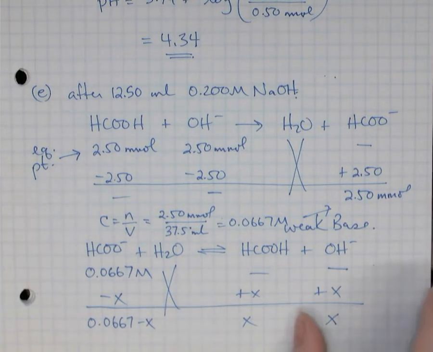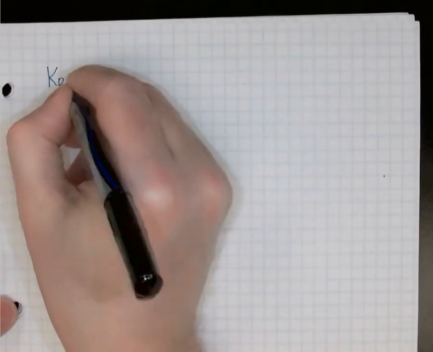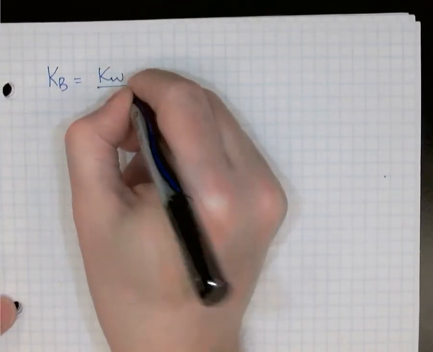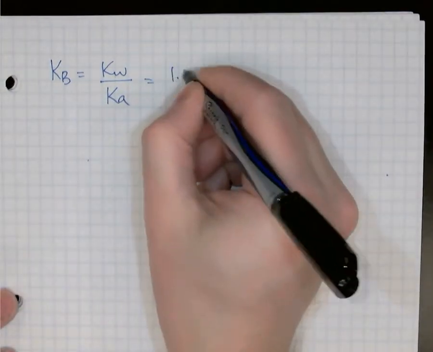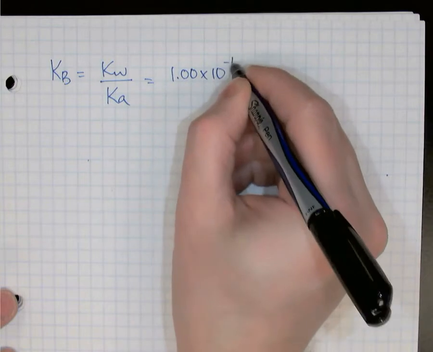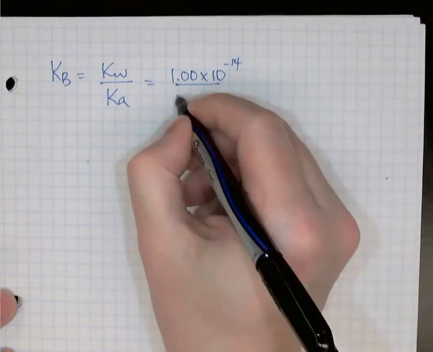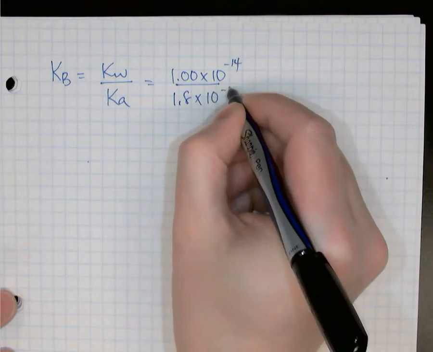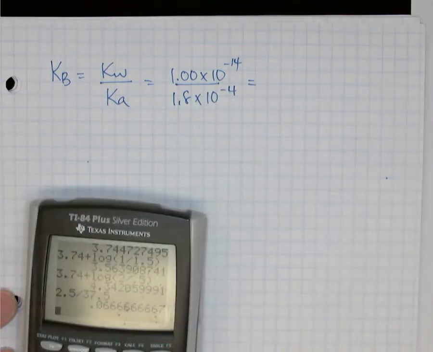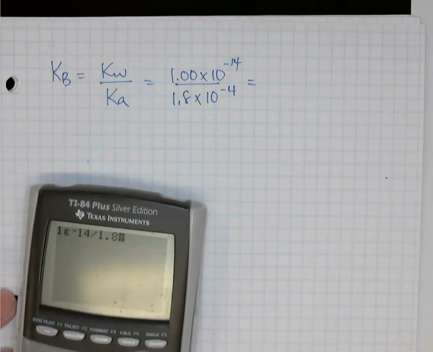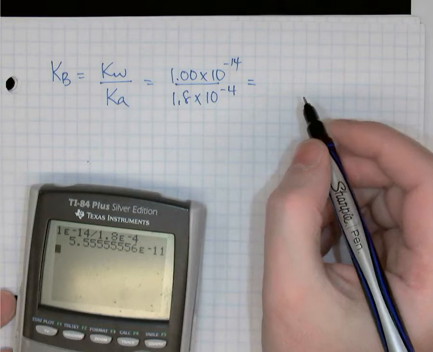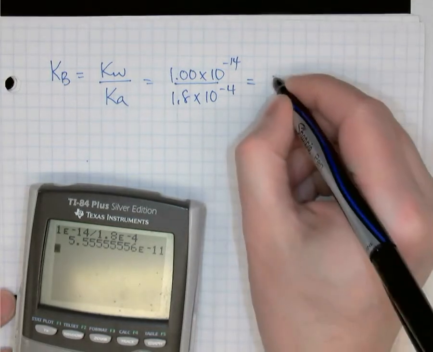So now we need to know the Kb value for this base. We can get the Kb value by taking Kw divided by the Ka of its conjugate acid. So that would be 1 times 10 to the minus 14 divided by the Ka was 1.8 times 10 to the minus 4. So the Kb value for this base is 5.6 times 10 to the minus 11.